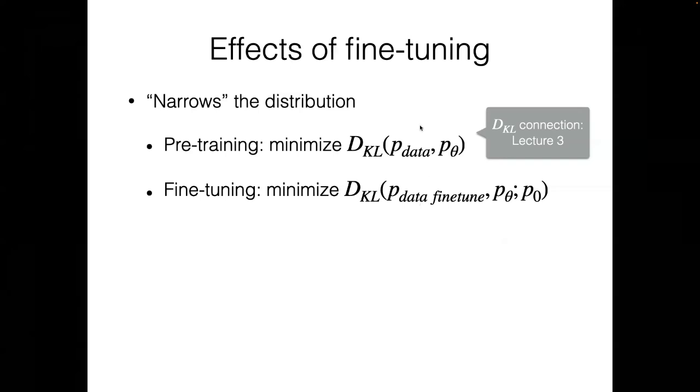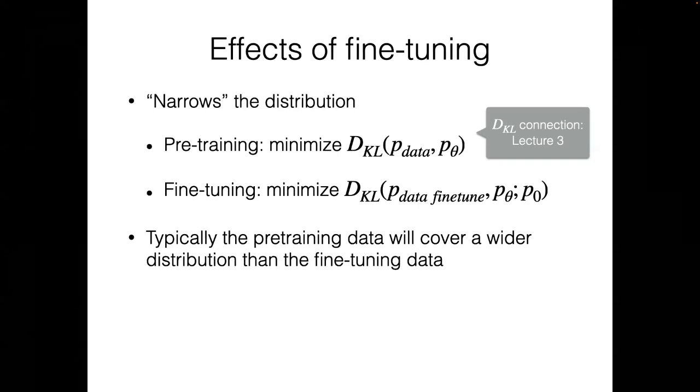And what you can see is that usually your pre-training data set is trillions of tokens from the internet. And then maybe you're just fine-tuning on a math problem-solving data set. And so the distribution is becoming narrower. And that could be a useful way of thinking about what's happening during fine-tuning.